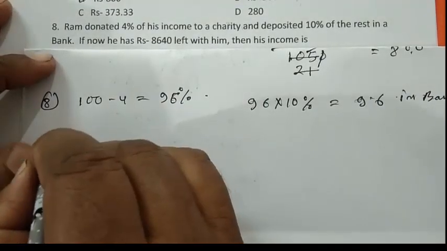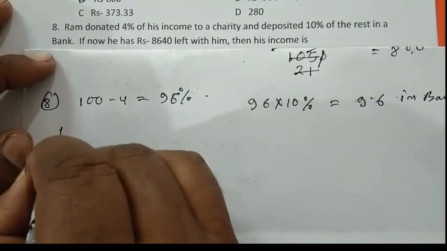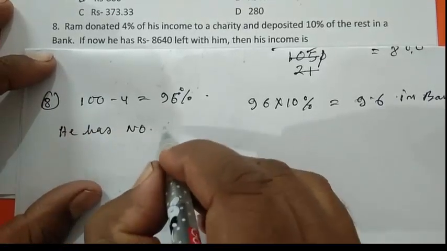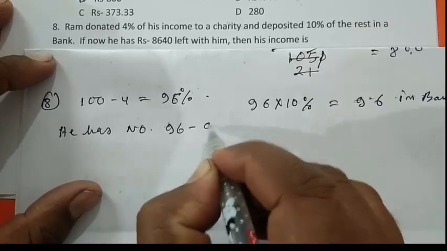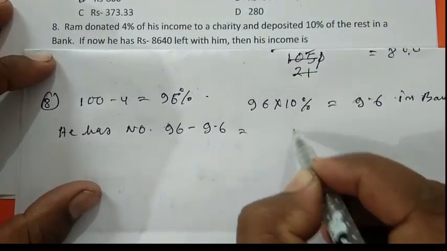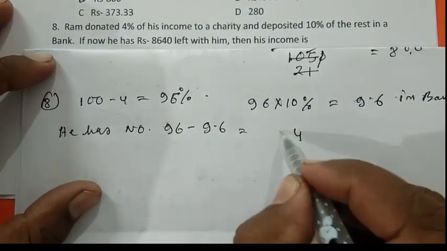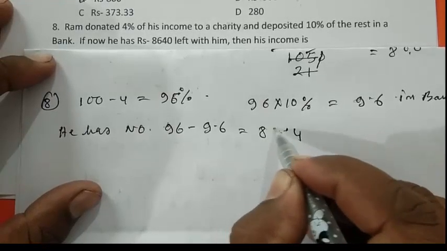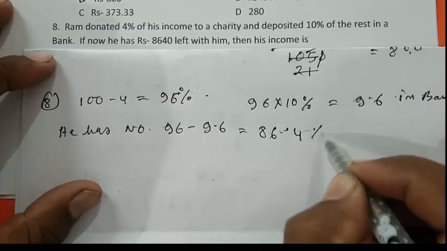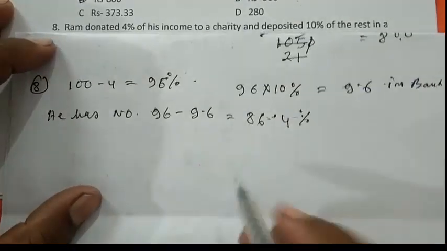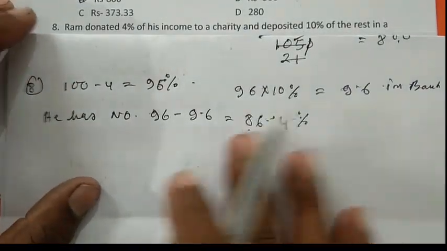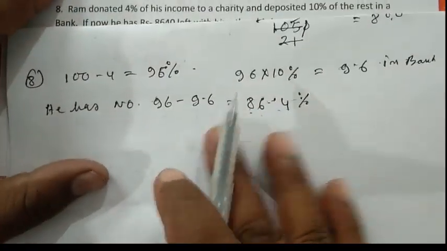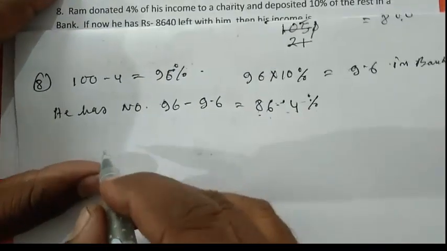So he has now 96 minus 9.6, that is 86.4%. So he has 86.4% left.